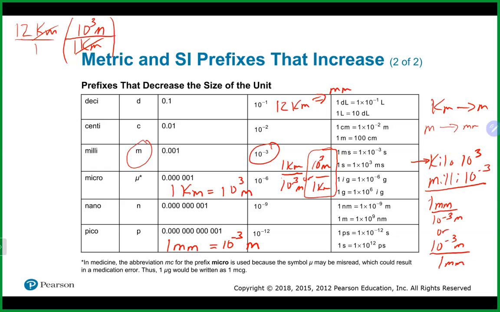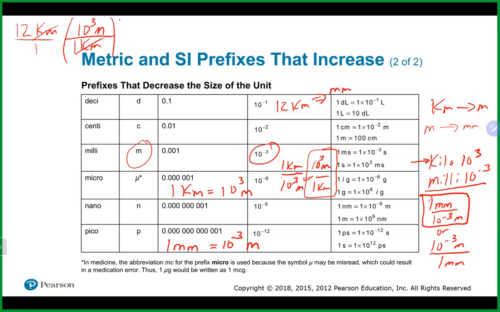Any questions on that? Now, setting it up this way, which is dimensional analysis, is really good because I could clearly see that my meters, which is where I would be at if I stopped the calculation at this point, is clearly up on top, right? And I don't want meters, I want millimeters. So to get rid of the meters that's on top, I should put the meters on the bottom, which means I do want to use this conversion here to do that.